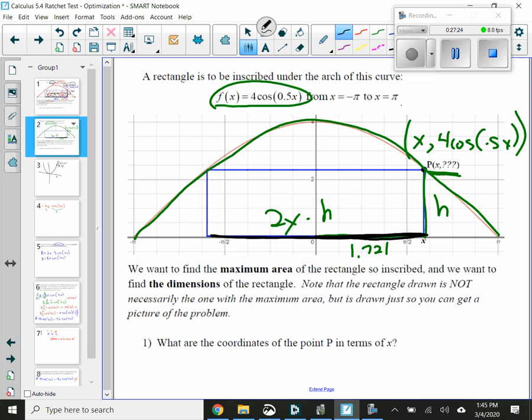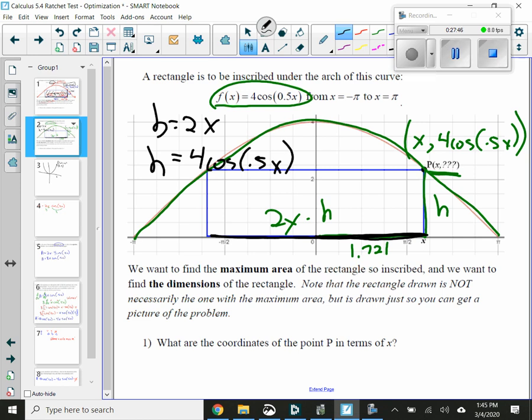You still with me? So my base equals 2x, and my height equals 4 cosine 0.5x.